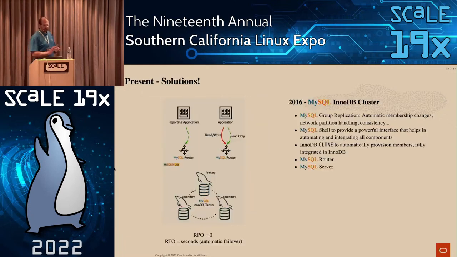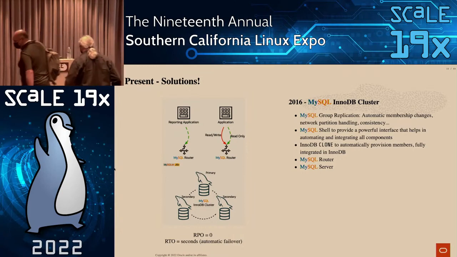So in 2016, MySQL released something called MySQL InnoDB Cluster, and that is basically the name of the product. It's a set of different technologies, making something integrated. By that I mean we have MySQL Group Replication, and I'll get into that more.